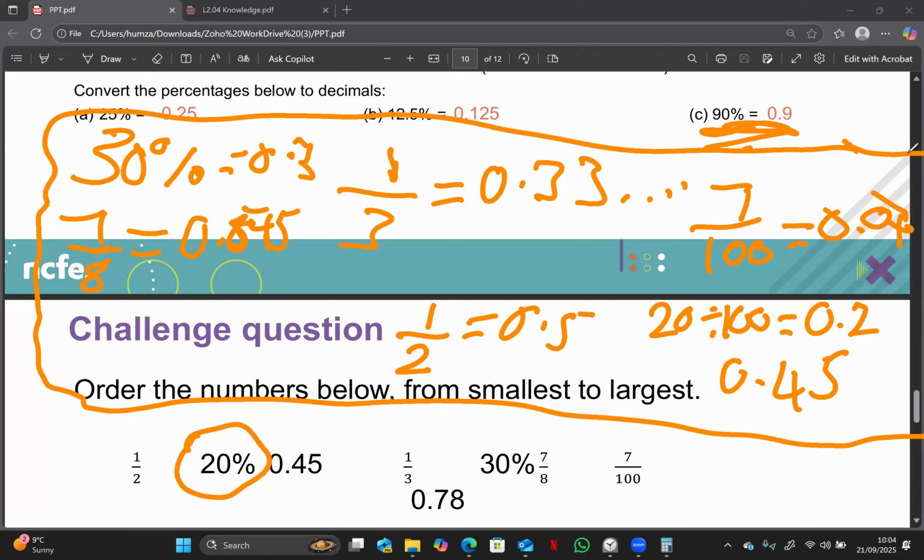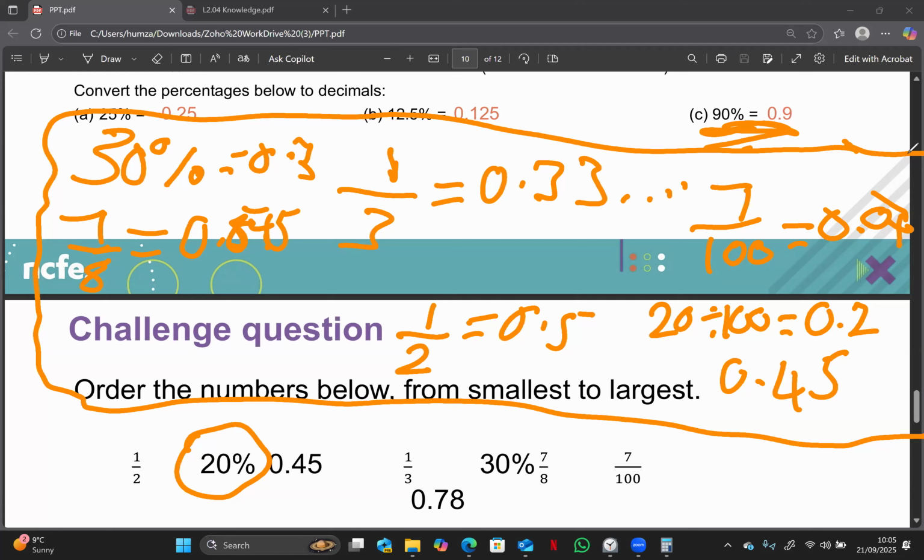Sorry? I'm trying to find which one is the smallest. Can you see them properly, or do you want me to read them out? Can you read them for me, please?